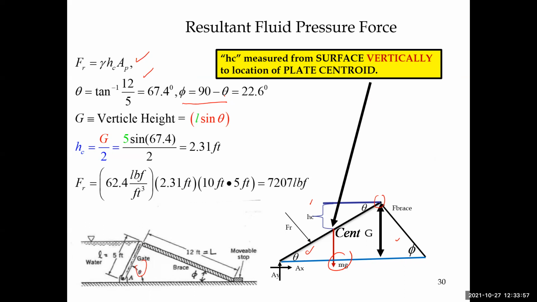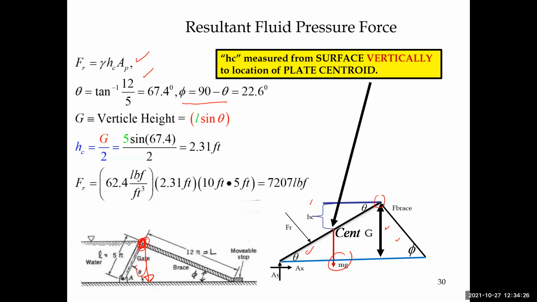Now, we also want to find the vertical leg of this triangle. So we know that this distance g is measured from the tip, measuring straight down to the x-axis, say.